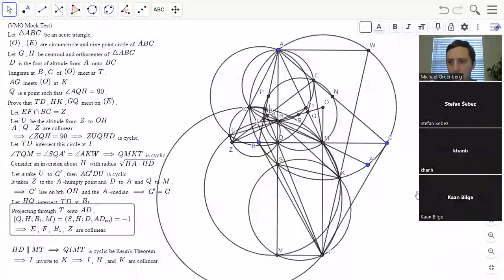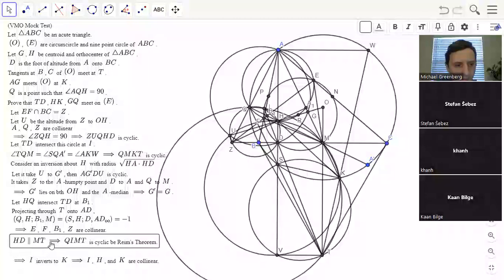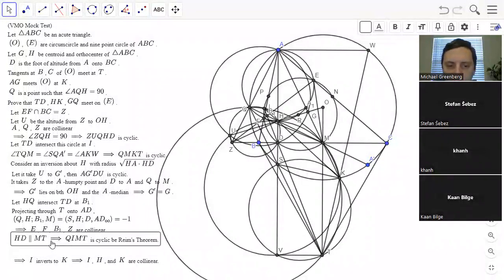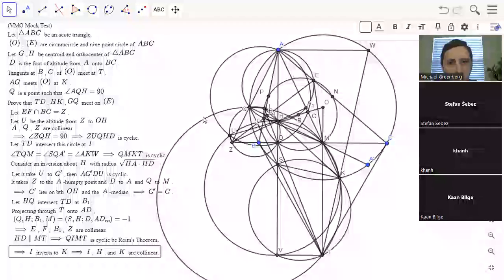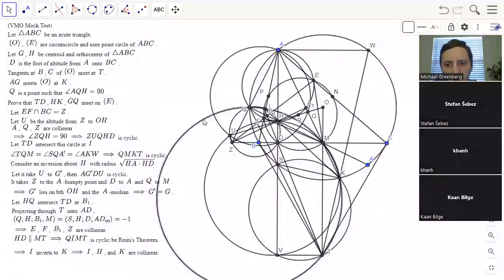Doesn't TD, EF, and QM concurring mean QIMKT are concyclic by radical axis? I don't see where the mistake is if we define I to be the intersection of DT with the 9-point circle.